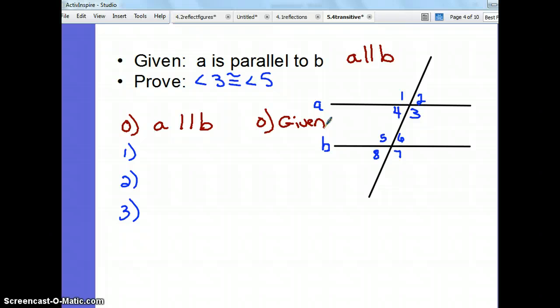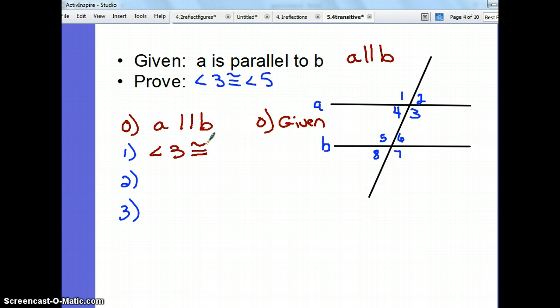Now, this one's going to take 3 steps, and we need to start from the given and work our way from what we know to what we're trying to prove, and that is angle 3 congruent to angle 5. So let's first start with something that we can prove about angle 3.